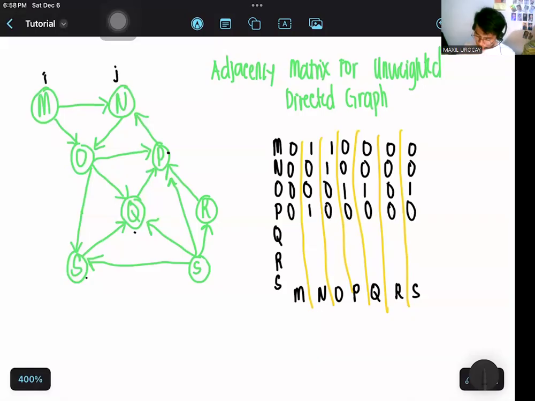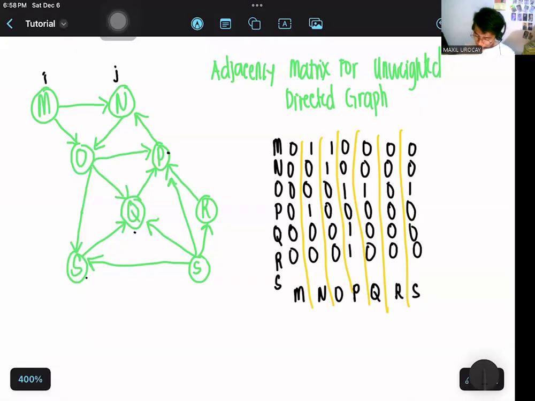Then afterwards, for the Q, that is adjacent to P alone. So it will be 1 for Q to P, then the rest will be zeroed out. Okay. Now afterwards, R is adjacent to P alone. So R to P will be marked as 1. The rest will still be 0.